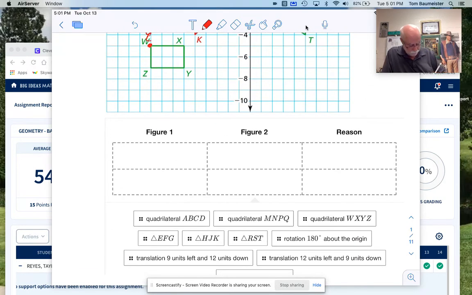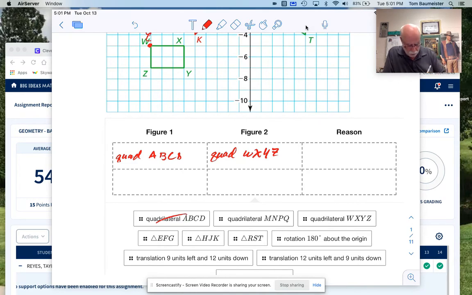So we're going to put quadrilateral A, B, C, D. And then we're going to put quadrilateral, because remember, you're dragging and dropping these, W, X, Y, Z. And what did I just tell you?